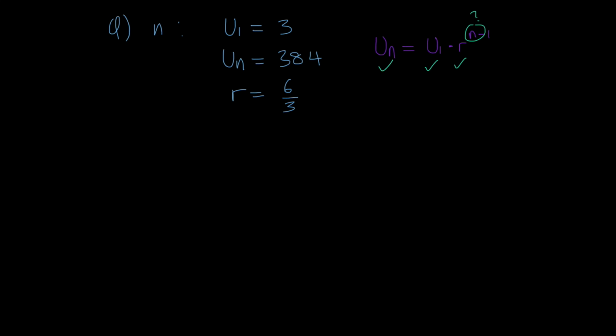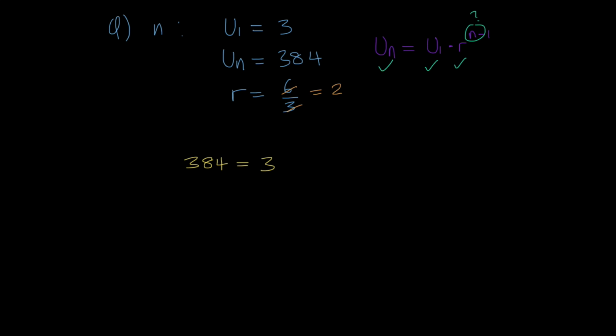So to do that, we're again going to just plug in whatever we have into the formula. So u sub n, that's going to be 384 equals u sub 1, which is 3, and the r, you might be tempted to just put down 6 over 3, but notice that 6 over 3 is nothing but 2, because 3 2s are 6.